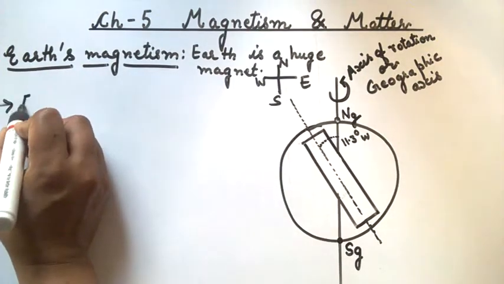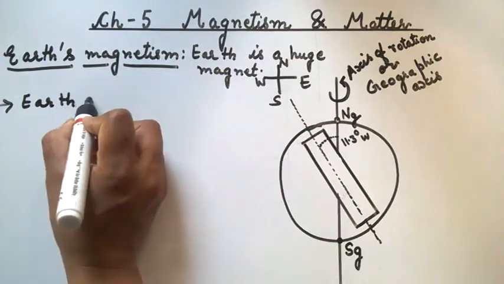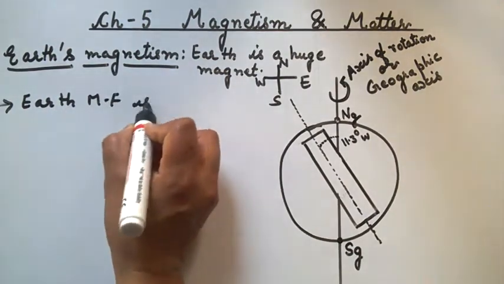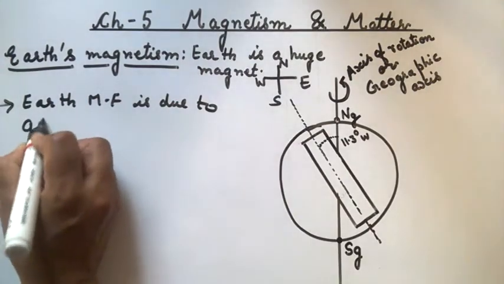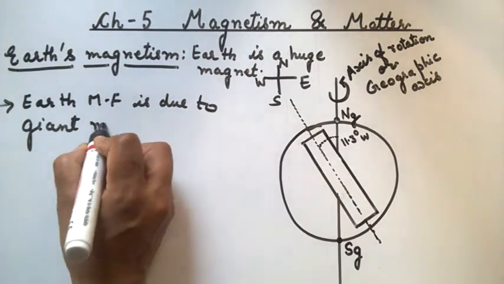So Earth's magnetic field is due to giant magnetic dipole.